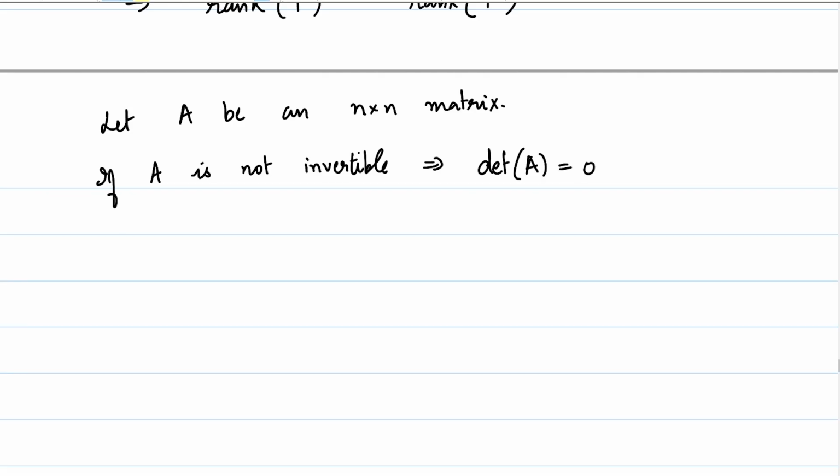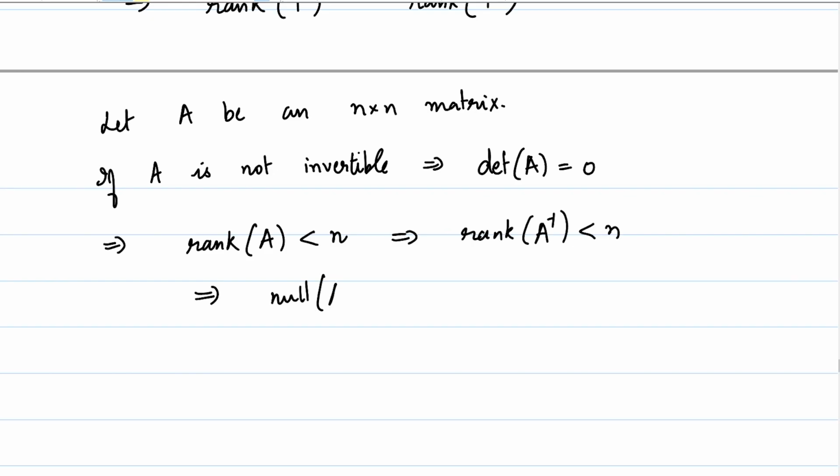Also, if A is not invertible, this would imply that the rank of A is less than n, because there will be something in the kernel. And this would imply that rank of A adjoint is less than n, because it is equal to the rank of A. This would imply that there is something in the null space of L_A adjoint, which is the null space of the adjoint of A, which will not be the zero subspace, which implies that A adjoint is not invertible.